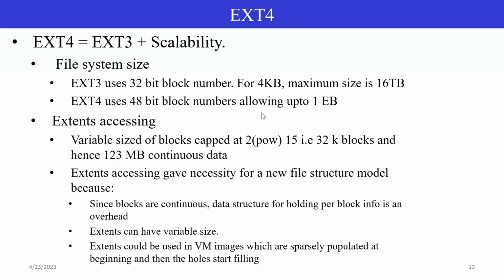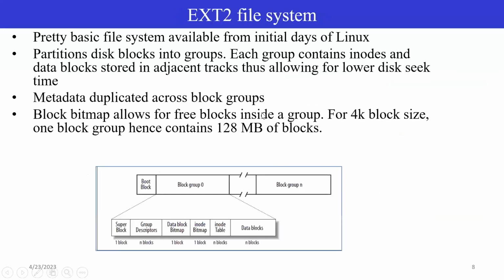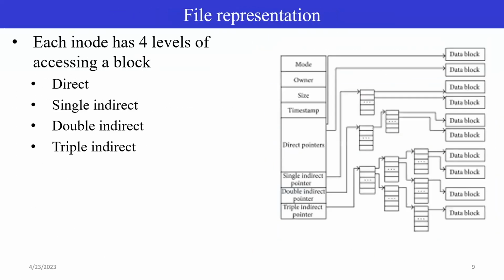Let me go back to that representation. Here, everything operates at block length. Your block is 4096 bytes, and every pointer, I'm talking about the data disk pointers, can point only to 4096 bytes.